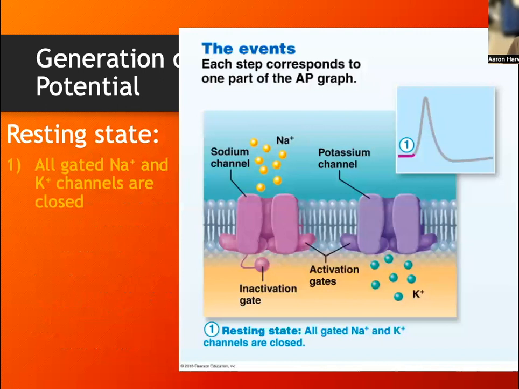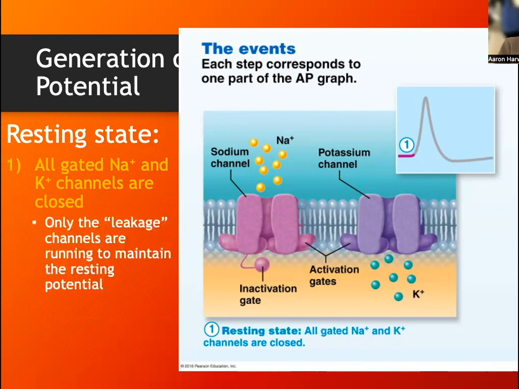This is a generalized step-by-step, along with a graphic of how this works. Within our resting state, we're going to work along this graph: resting, depolarization, repolarization, hyperpolarization, back to resting. Right here, we're looking at the original resting state.